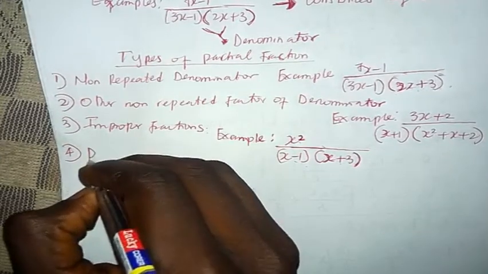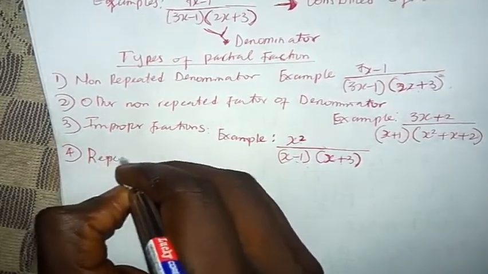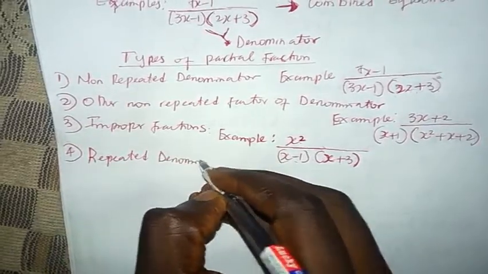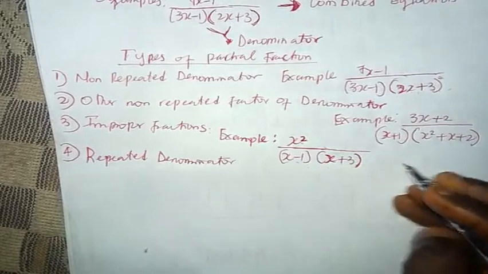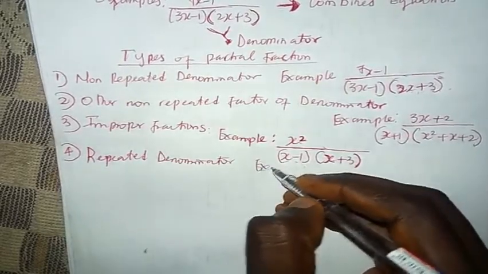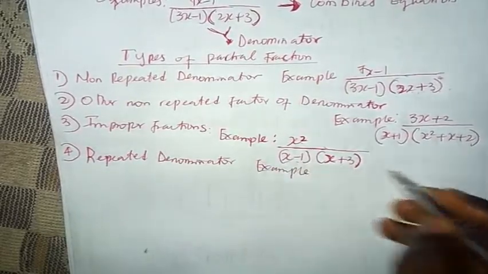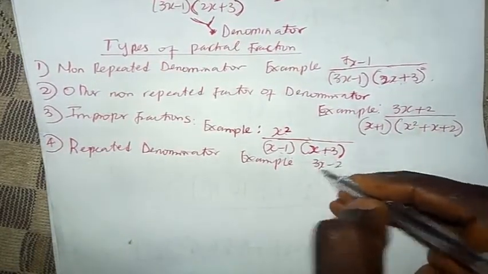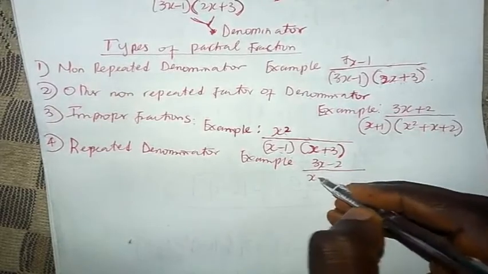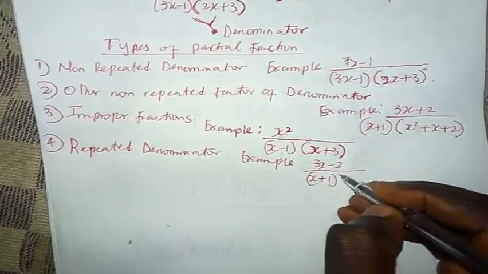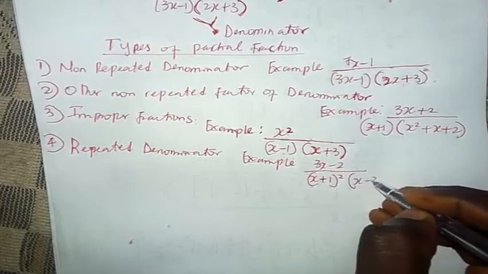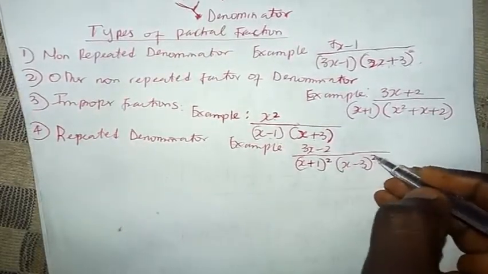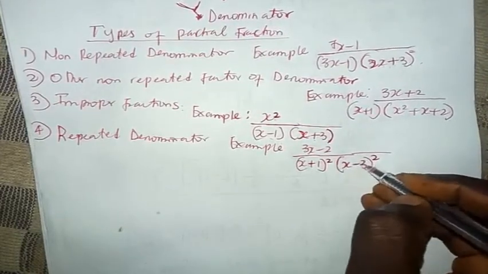An example of this is something like 3x minus 2 over x plus 1 squared and x minus 3 squared. You can see that the denominator here is being repeated. So that is what it is called, repeated denominator.